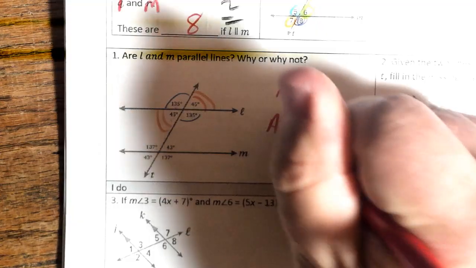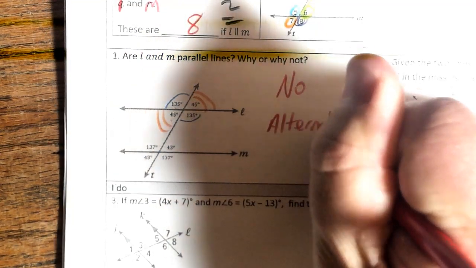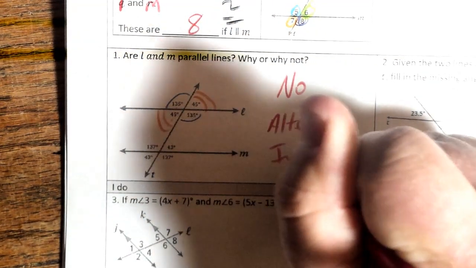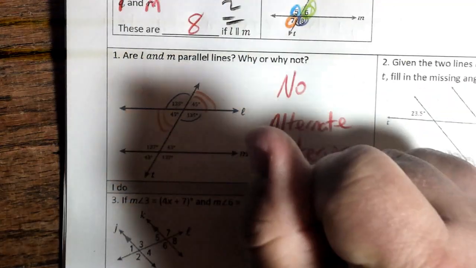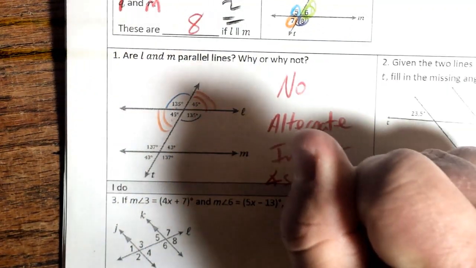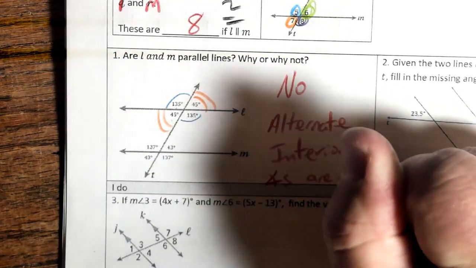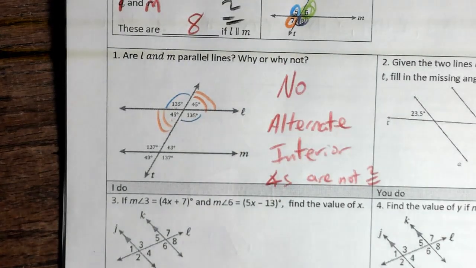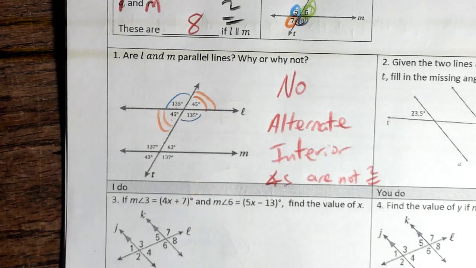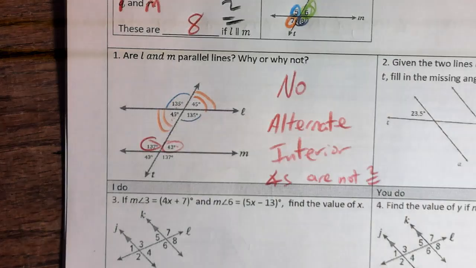So it's no, and it's because alternate interior angles, this is the symbol for angles, are not, running out of space, congruent. Same thing here. These are not either.